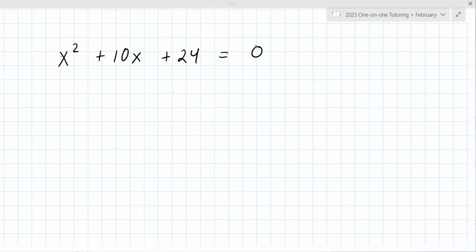Subtract 24. x squared plus 10x, blank, equals negative 24. And then blank again. Okay, 5. 5 times 5 is 25.